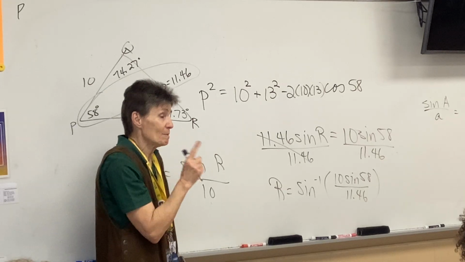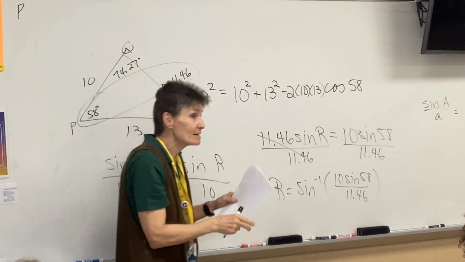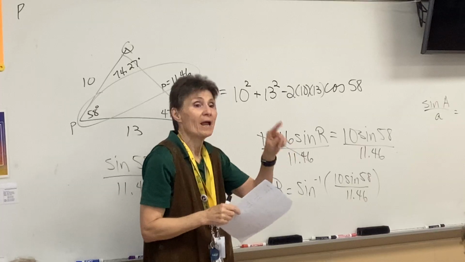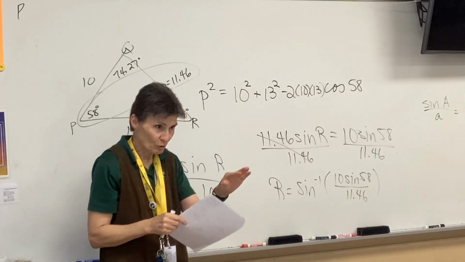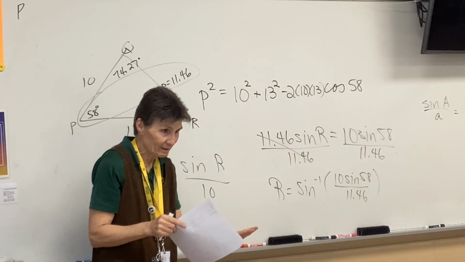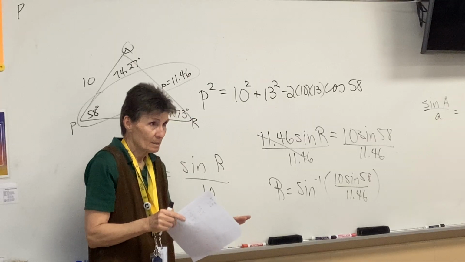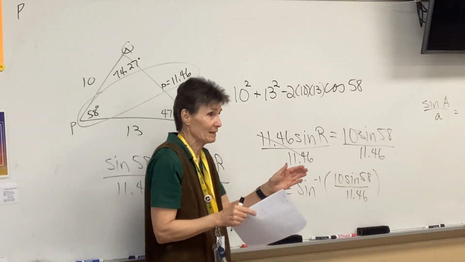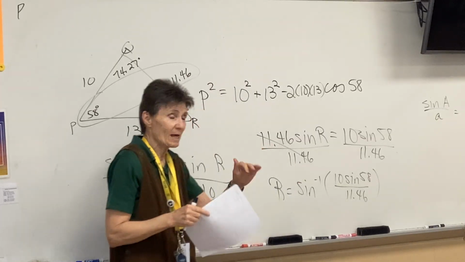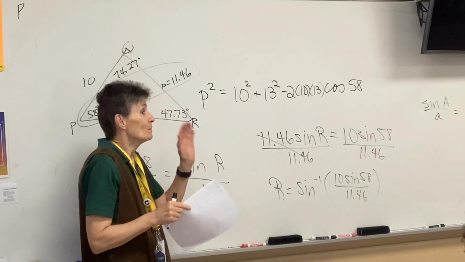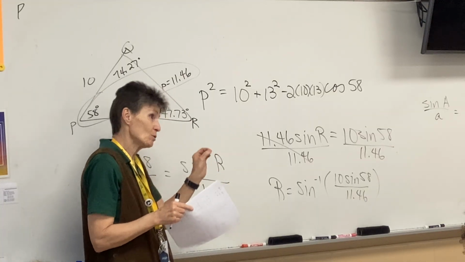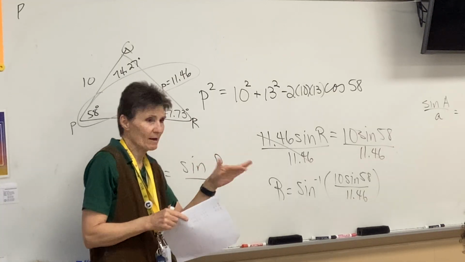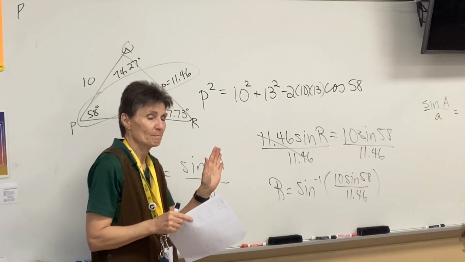There will only be one answer unless the directions are how many triangles are possible. Then you'll check it. Otherwise, you don't need to worry about that. In reality, you do need to worry about that, but I'm not going to do that. Unless it says how many triangles are possible, you're just going to have one answer every time.